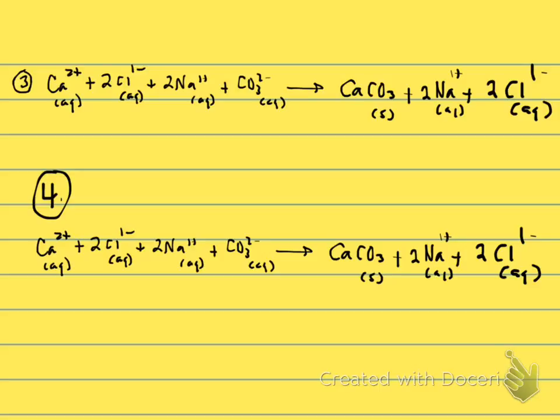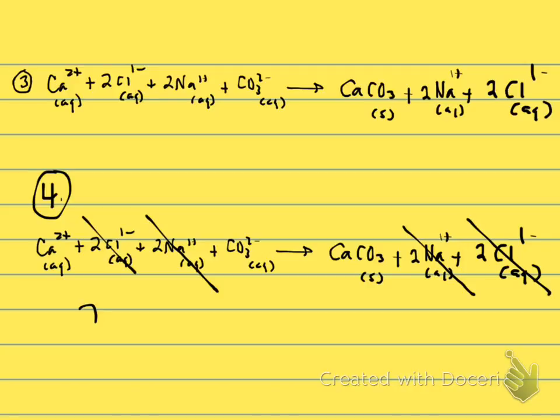So who here is in the same condition at the end of the whole process that they were at the beginning? Sodium and chloride, they're just standing around watching. They're not doing anything. So we cross them out. And what we're left with is a net ionic equation.